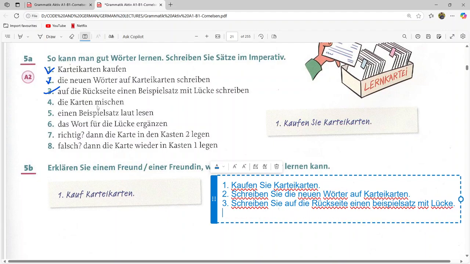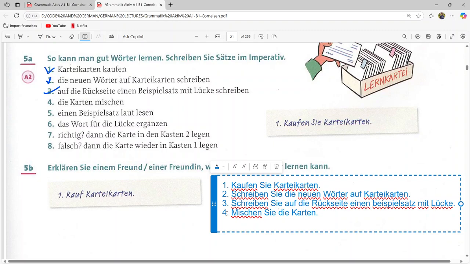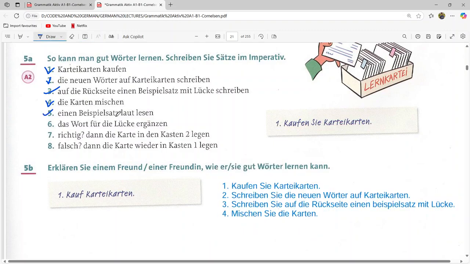Next one, die Karte mischen. So, Mischen Sie die Karten, easy. Mischen Sie die Karte. Next one, this one is done. Next one, einen Beispielsatz laut lesen.